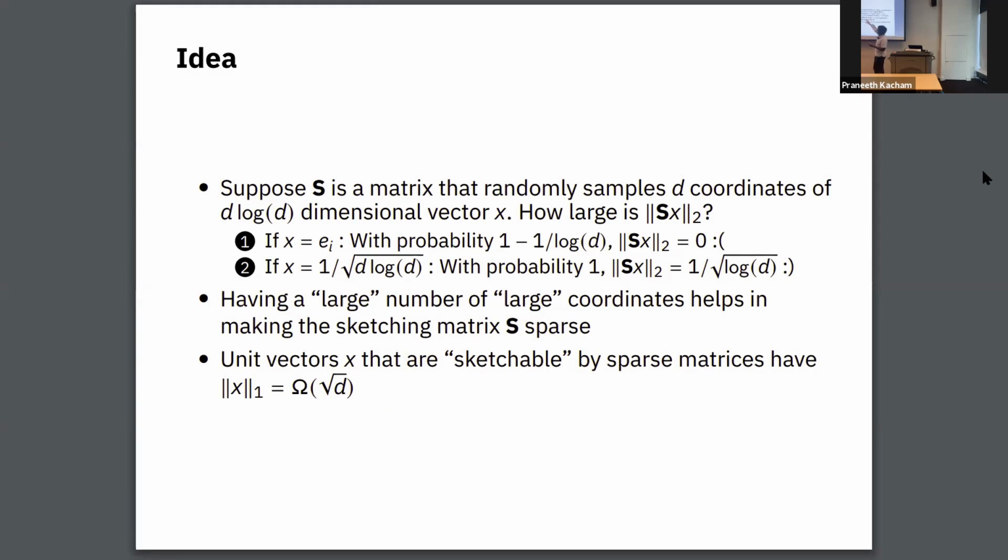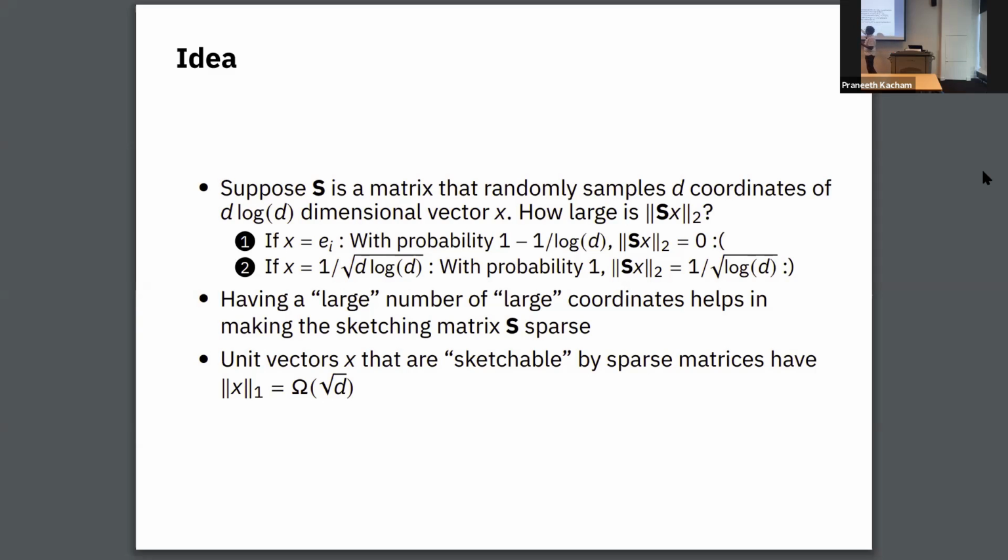If S is sampling d coordinates of this vector, then with very high probability, that is with probability 1 minus 1 over log d, you would miss this non-zero coordinate. You have a d log d vector with just one non-zero coordinate, and you are sampling d random elements of it. With probability 1 minus 1 over log d, you will miss the non-zero coordinate. So sampling d coordinates wouldn't work if x is just a coordinate vector.